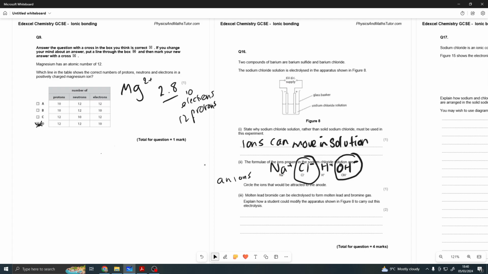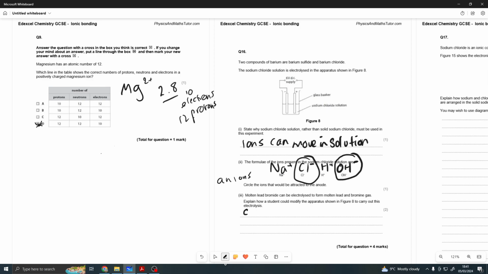It says molten lead bromide can be electrolyzed for molten lead and bromine gas. Explain how a student could modify the apparatus shown in figure 8 to carry out this experiment. Well, first of all, you're going to need to not do it in a glass beaker.